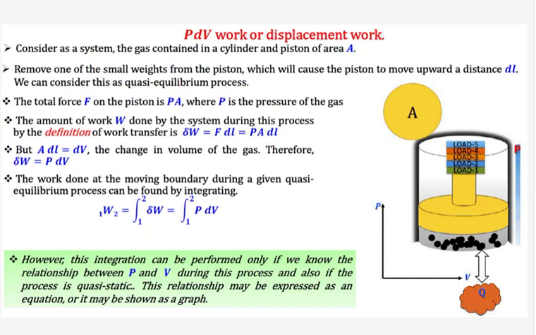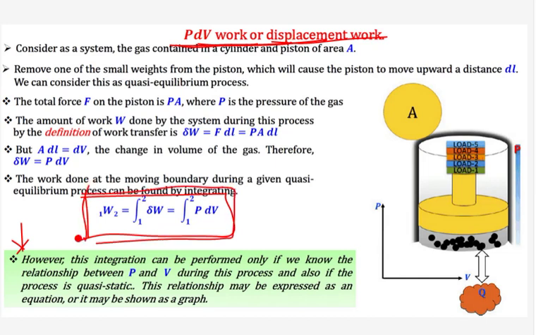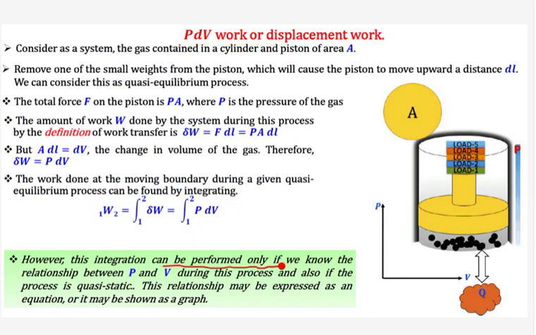The most important point here: this is my final equation for displacement work, not all work transfer we have seen in our last slide. We are studying displacement work, or P dV work. Now this integration can be performed only if we know the relationship between P and V.